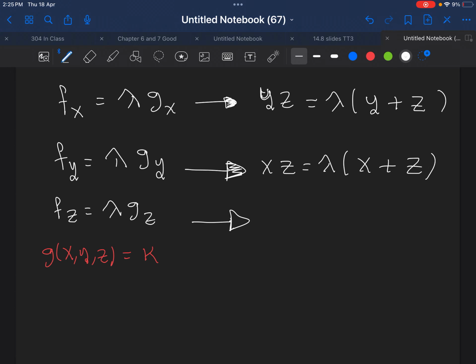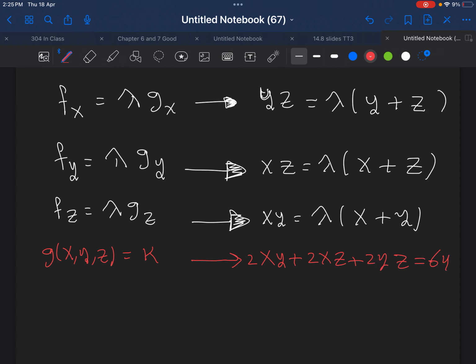The third equation will be xy equals lambda times (x plus y). And above all, don't forget the constraint itself: 2xy + 2xz + 2yz equals 64.